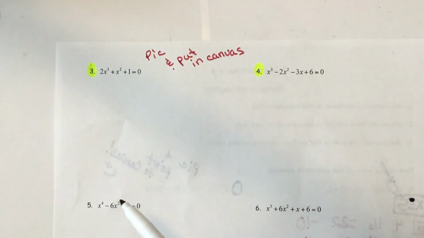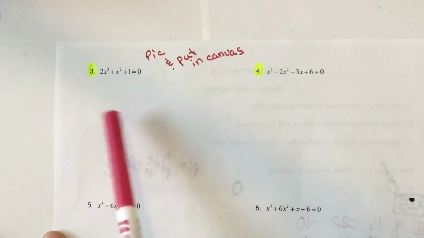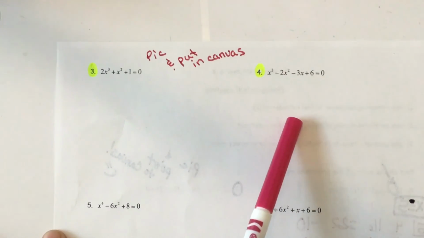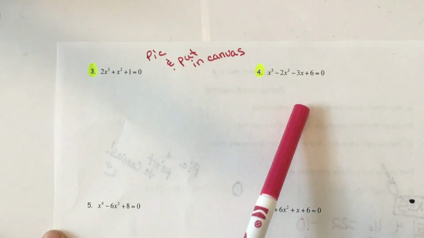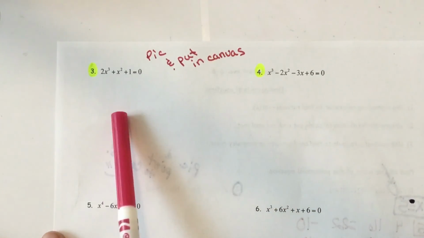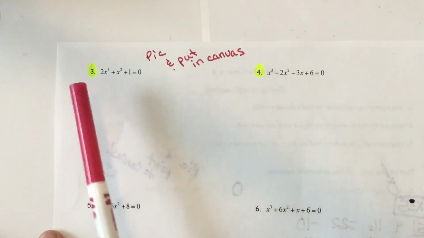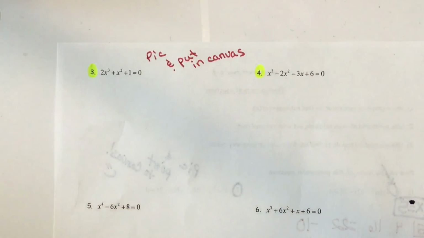I will tell you now that this one is going to use quadratic formula, but this one will just be the square root method. So this one will be way easier, but this one uses quadratic formula, but you need to practice it because some of you really kind of struggle with that. Okay, so I'm asking you to try these 2 problems for today, and then take a picture and put them in Canvas. Okay, good luck.